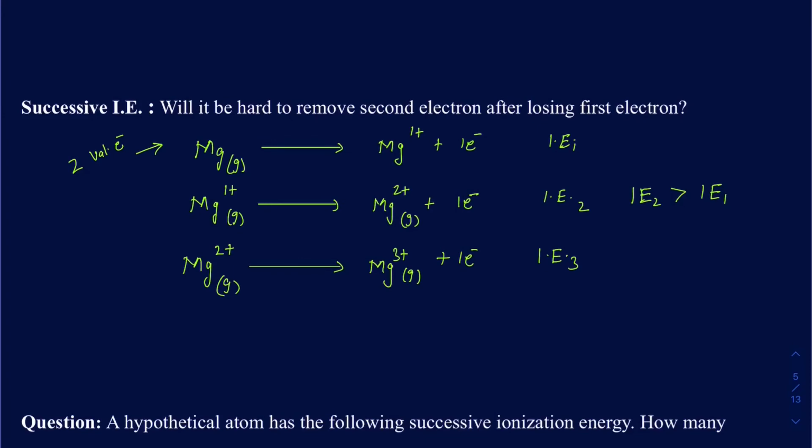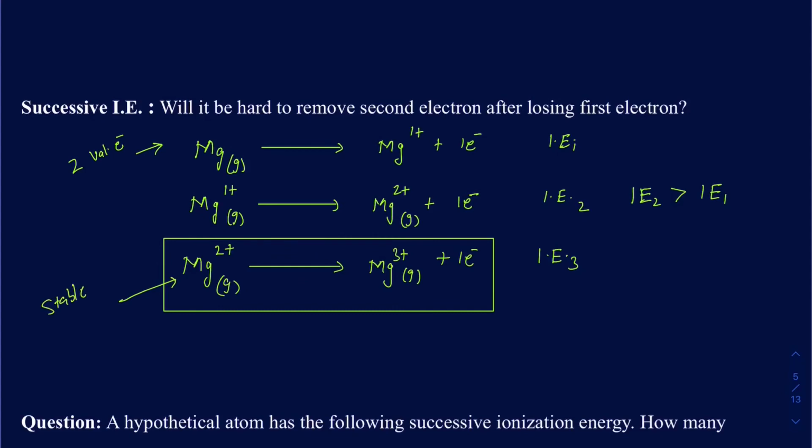Once it has lost the second electron, it will not lose the third electron, because it has a stable electronic configuration like that of neon, because it's got 10 electrons.